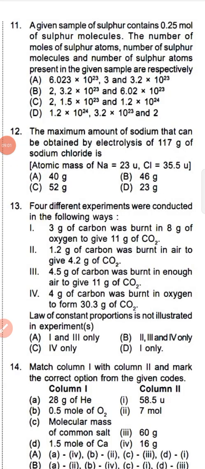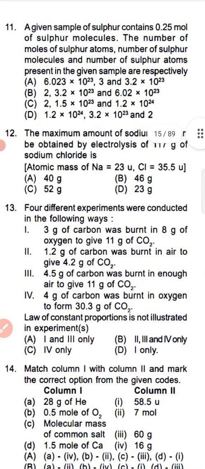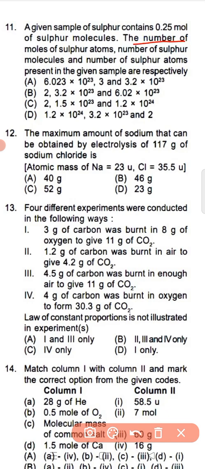So question number 11. A given sample of sulfur contains 0.25 mole of sulfur molecules. The number of moles of sulfur atoms, the number of sulfur molecules, and the number of sulfur atoms present in the given sample respectively. 11, option C is the correct answer: 2, 1.5 into 10 to the power 23 and 1.2 into 10 to the power 24.